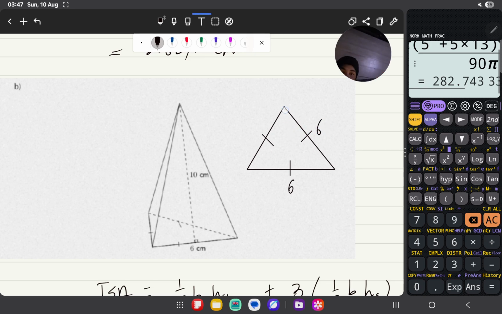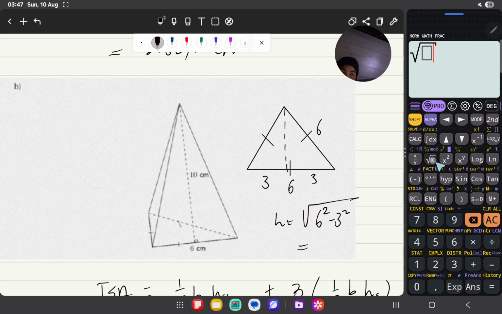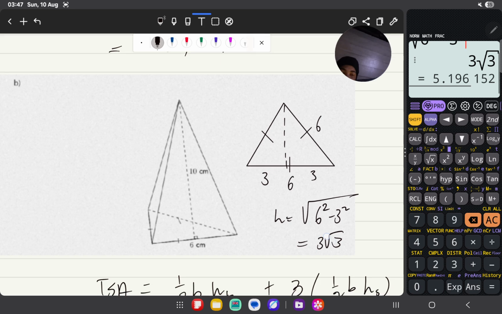So this is going to be 3, this is going to be 3, and therefore h is the square root of 6 squared minus 3 squared, which is 3 square root of 3. That is the height.